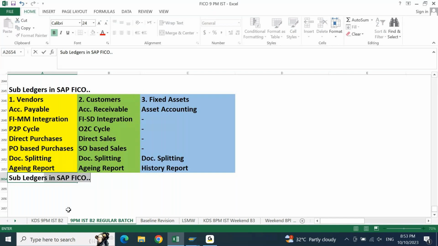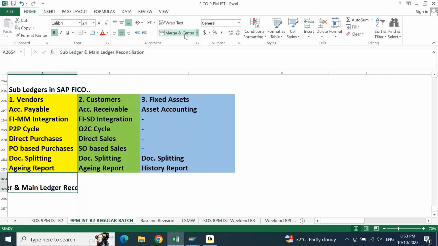And here, subledger and main ledger reconciliation.